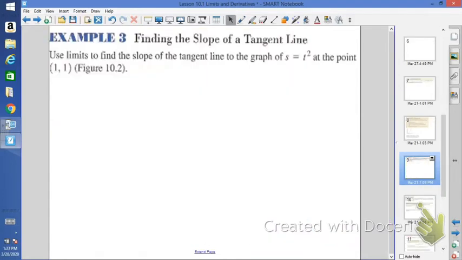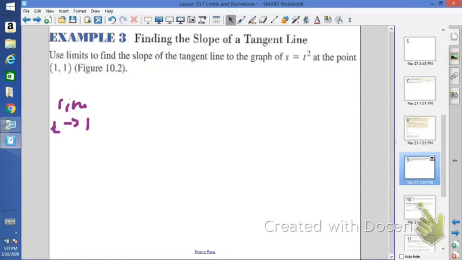Okay, example 3, it says use limits to find the slope of the tangent line to the graph of s equals t squared at the point (1, 1). And again, you can look at figure 10.2 to see what that looks like. Now, the solution to this will look a lot like the solution to example 2. So we want to take the limit as t approaches 1.